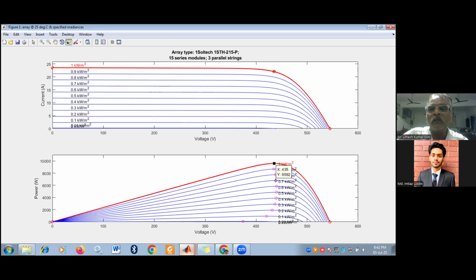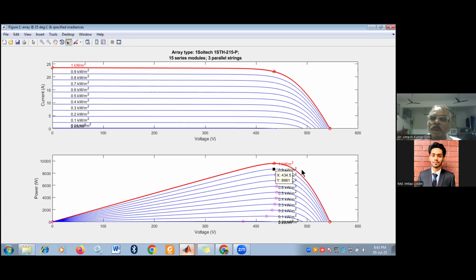Here 435 is the voltage, 9592 is the power, and here 434.5 is the voltage, and 8661 is the power at 900 watt per meter square irradiance. So as the irradiance reduces, we have lower power output in the system.